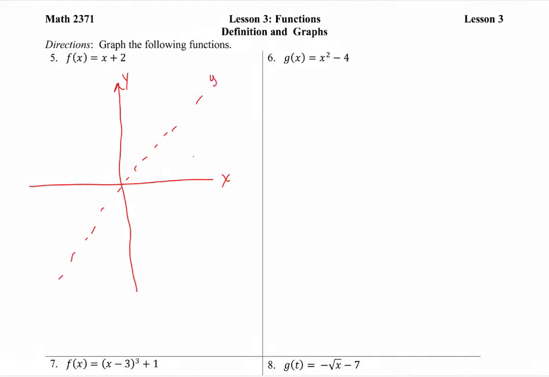So this is the graph y equals x. And I want to move this graph up 2. And so that would be this line. So this is f of x equals x plus 2. So all I've done is taken this graph y equals x and moved it up 2.